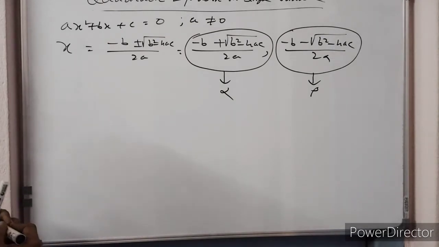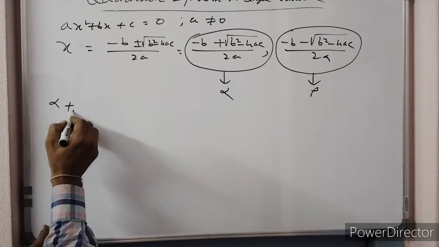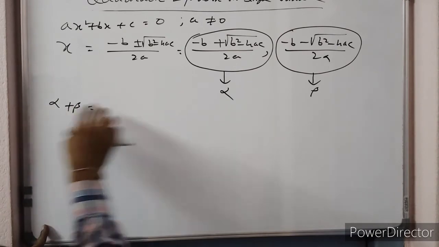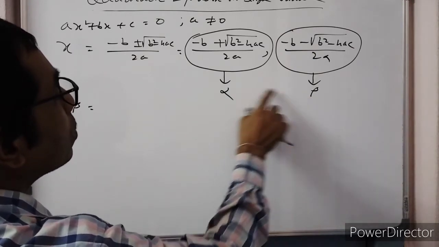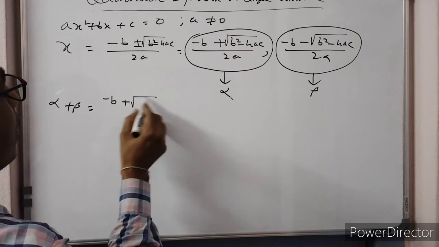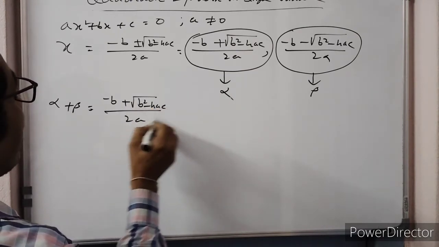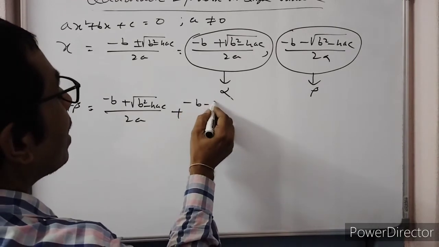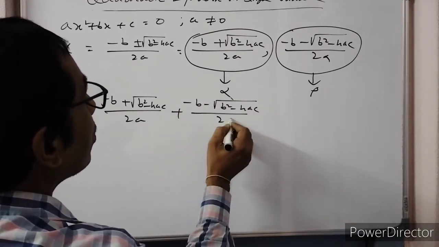Now alpha plus beta means the sum of the roots. If you take the sum of the two roots, you will get minus b plus root over b square minus 4ac by 2a, plus minus b minus root over b square minus 4ac by 2a.